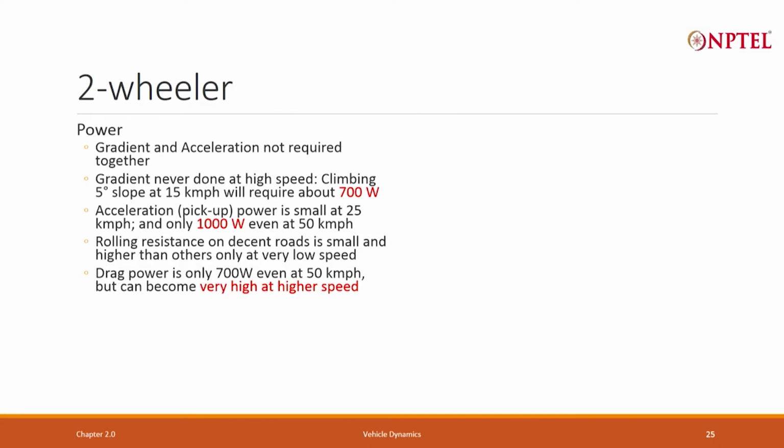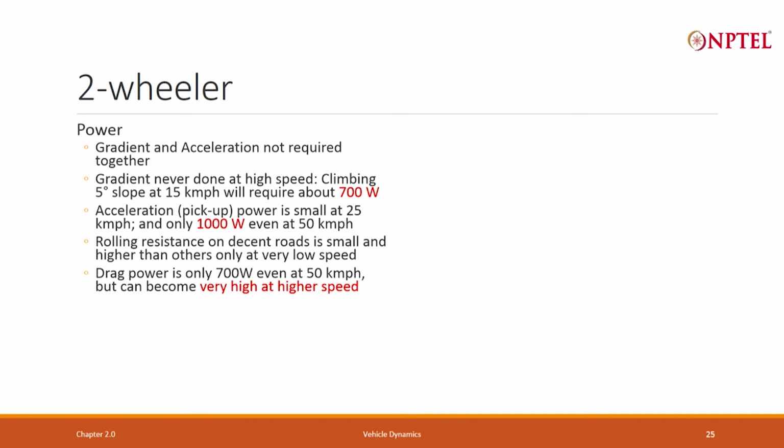If you look at it, the power requirement is not that large. At 50 kilometer per hour it is around 400 watts, and it goes up to 500-600 watts. Drag is only 700 watts at 50 kilometer per hour.